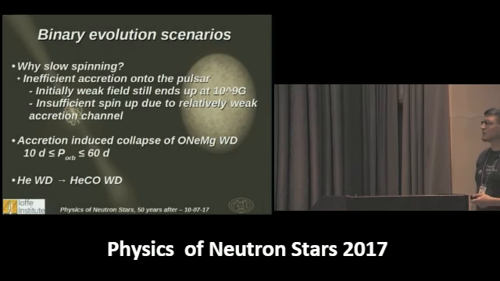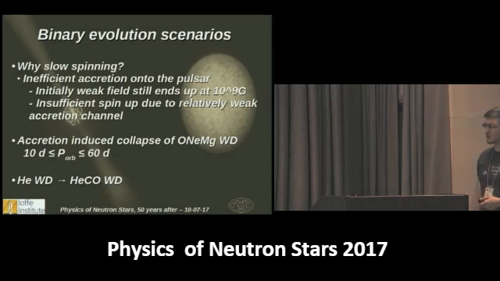Therefore, we think that there might be an inefficient accretion onto the pulsar such that the magnetic field can be initially weak and then still end up normal, typical for pulsars, at 10^9 Gauss. However, the accretion channel may be relatively weak such that the pulsar is not really spun up because of that.